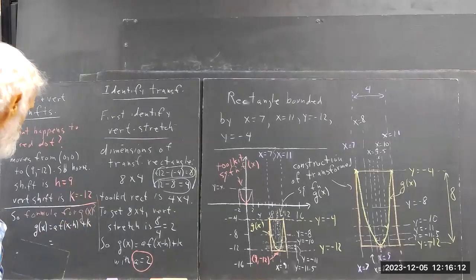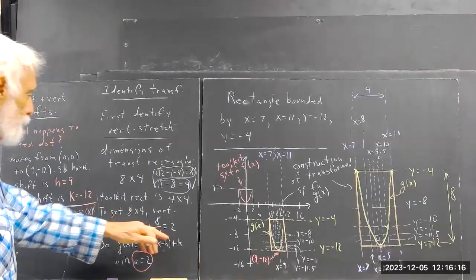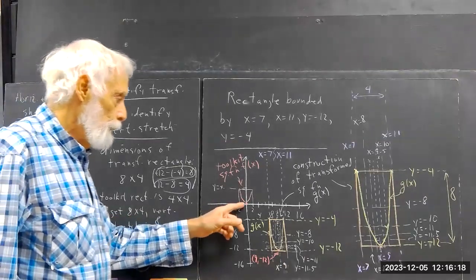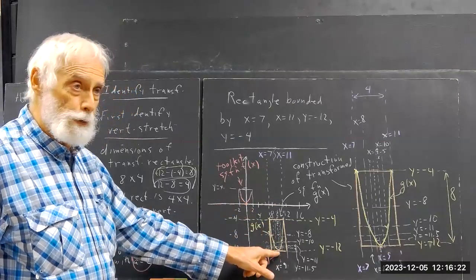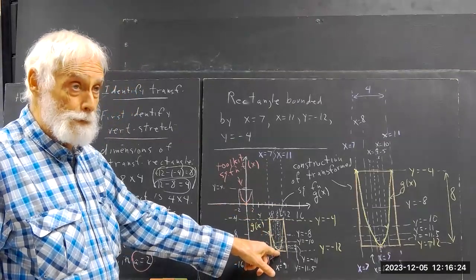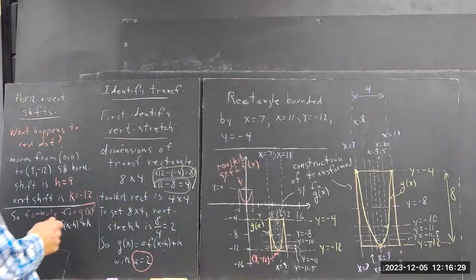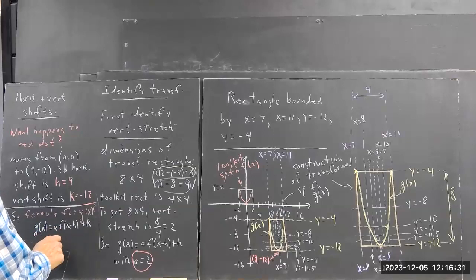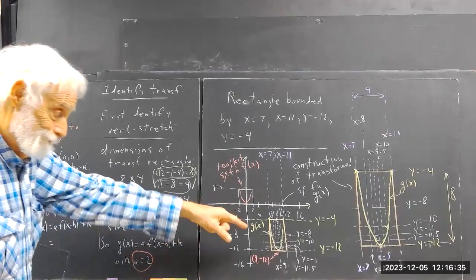So we get that, and then we just ask ourselves, well, what has to happen for the red dot to get from where it is to the midpoint of the lower or upper width edge of this rectangle? And you find that h is going to be the x coordinate.